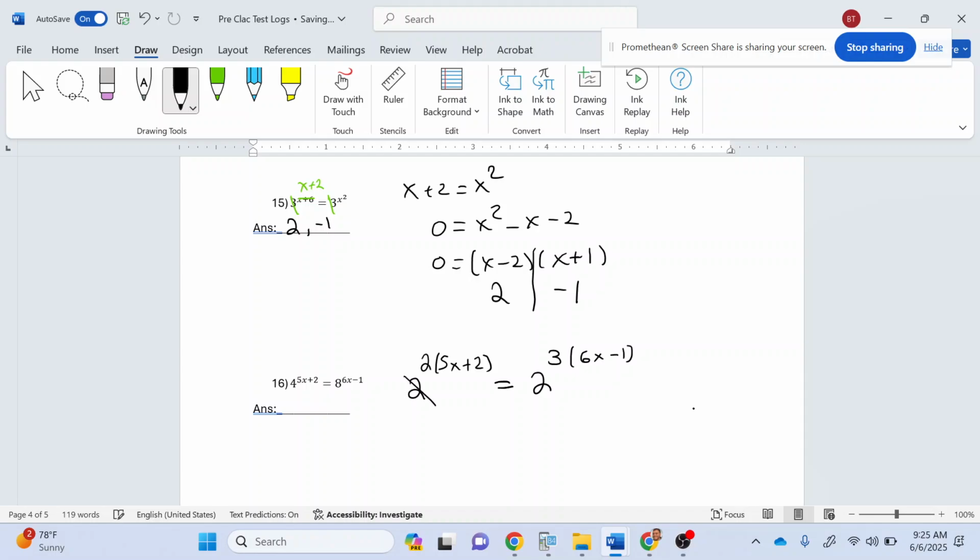Is this annoying? I think this one's basic. 10x plus 4 equals 18x minus 3. A little cleanup. 8x equals 7. So 7 over 8. Once you have 2 and 2, you can just drop the 2s, right? As soon as they match, you could drop them.